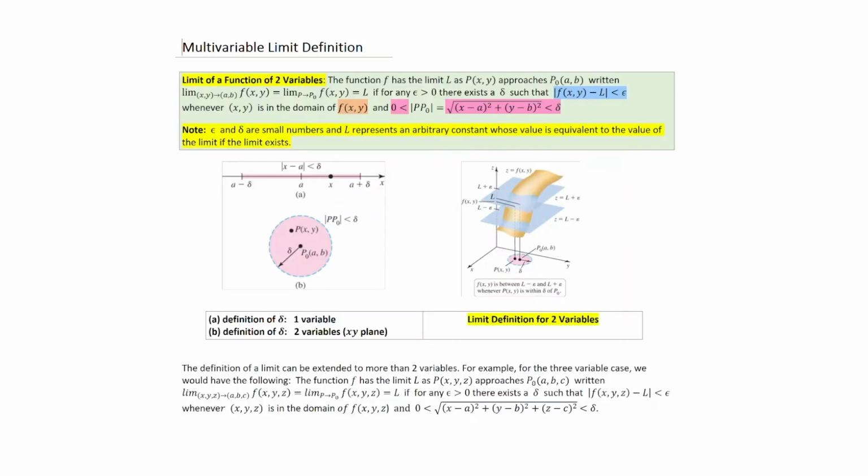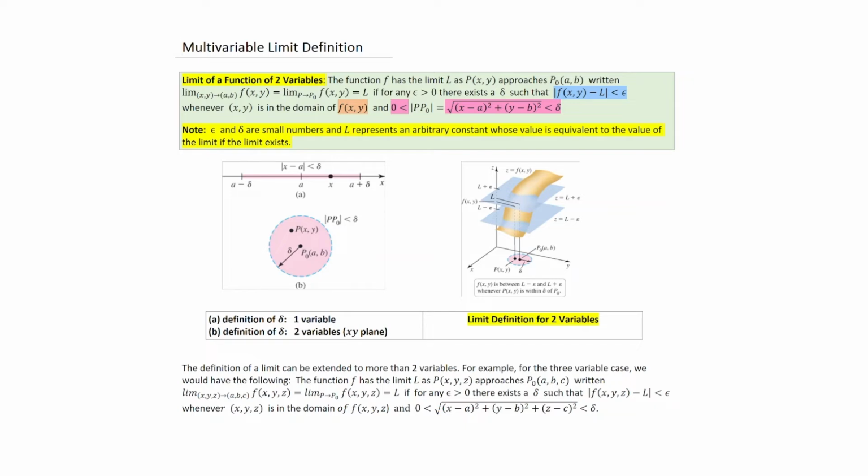All right, so now we get to what we mean by multivariable definition. So definition, basically we're talking about something which is a biconditional statement. And so I've just written it here. The function has a limit L, some value, as P(x,y) approaches some specific point on the xy plane, location (a,b), and written typically in limit form as shown there.